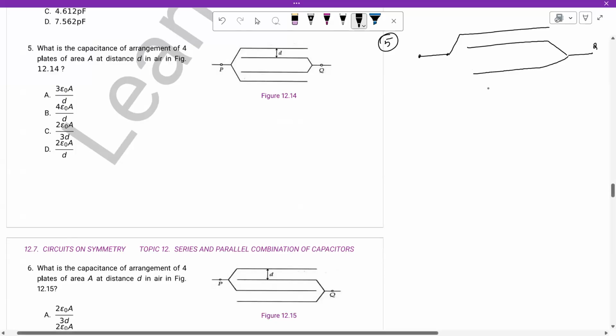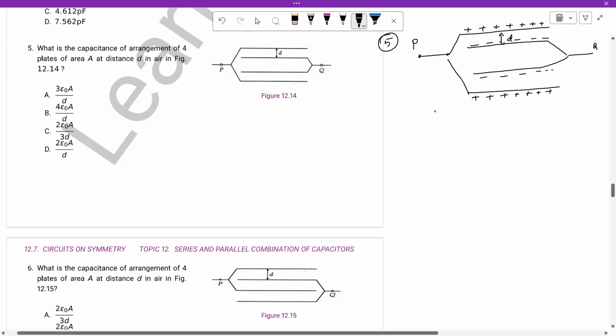This is Q, and this separation is D. This separation is also D, and this separation is also D. So everything is D. Let's say if P is connected to positive, so this would be positive, and this is connected to positive, this is connected to negative, so this is your negative part, and this is your negative part.